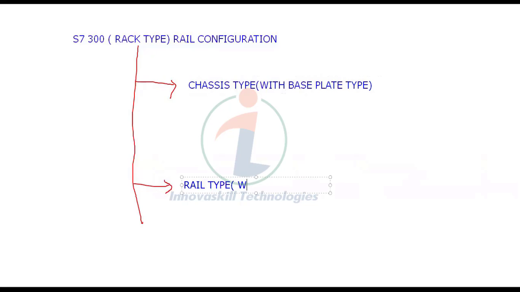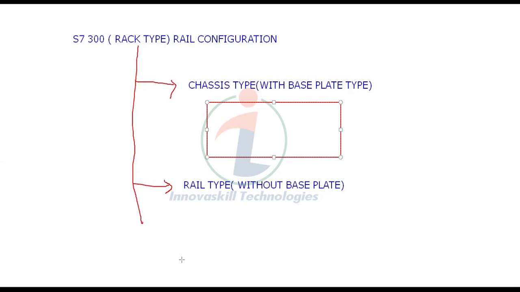This is called the without base plate type. So what is the difference between chassis type and rail type? In chassis type, first there will be a base plate. At the back end there will be a base plate like this, and it will be divided into different slots.